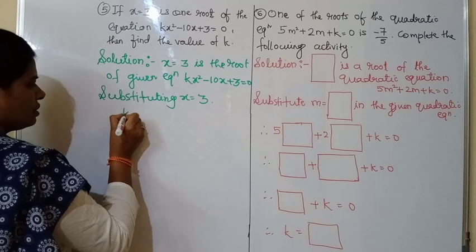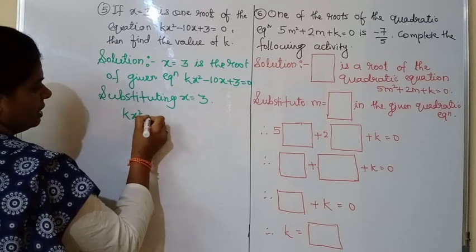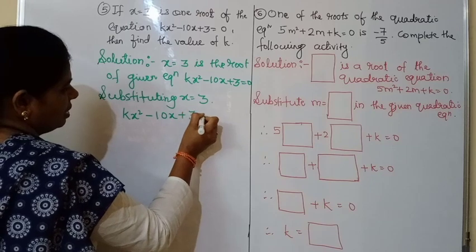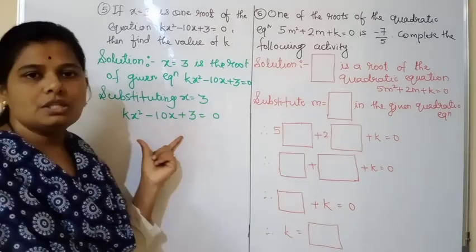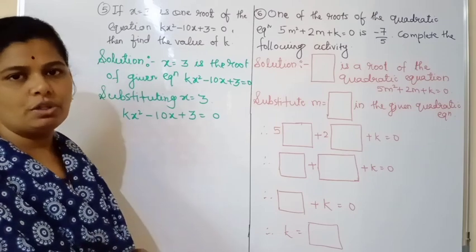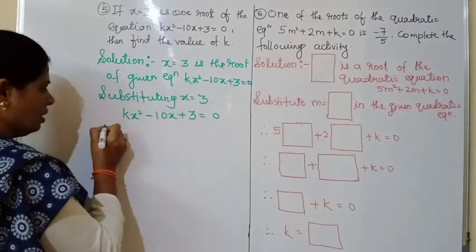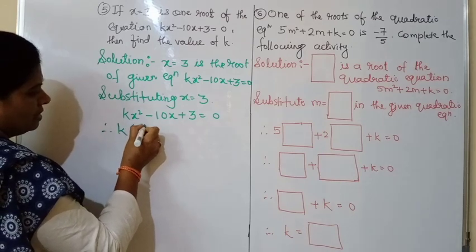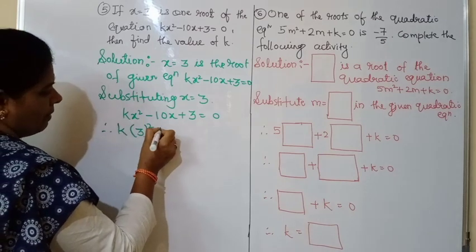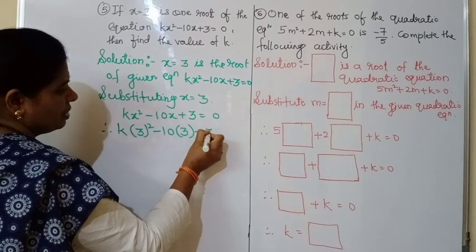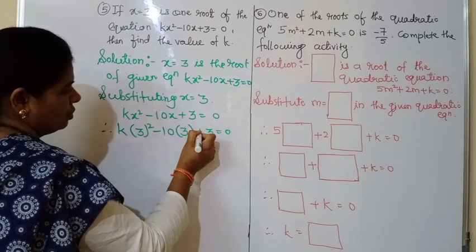Now what is the equation? We'll write here below: kx square minus 10x plus 3 equal to 0. This is our given equation. In this equation, we are going to substitute the value of x. So the value of x is 3. k into 3 square minus 10 into 3 plus 3 equal to 0.